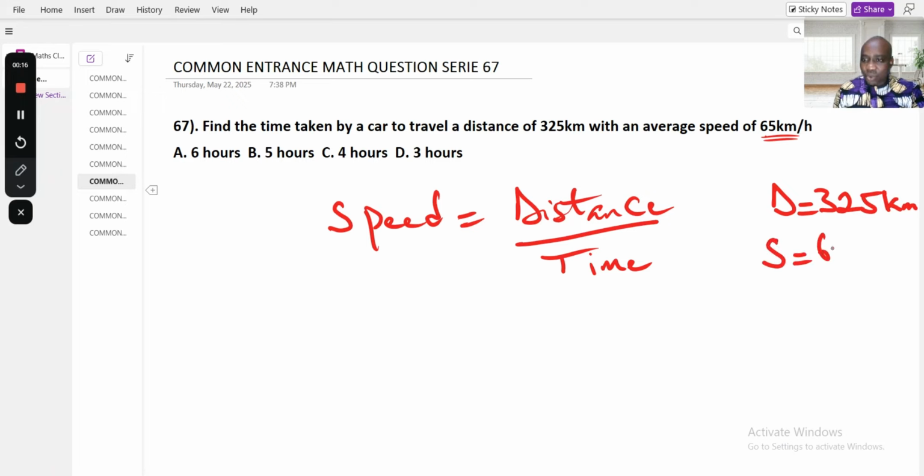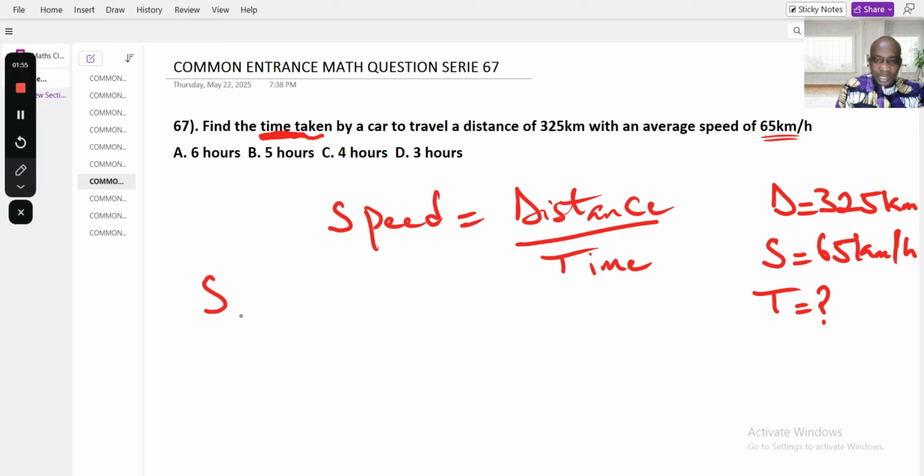Our speed is what? 65 kilometers per hour. What is our time? We don't know our time because that's what the question is asking us. Find the time taken. Find the time. Therefore, we are going to look for this now.